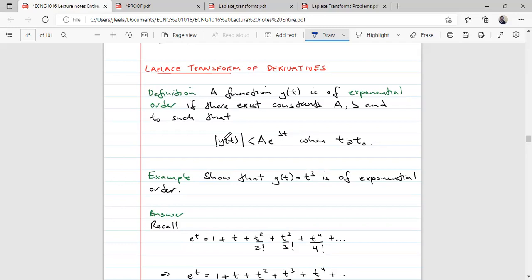So this is the definition of what you call exponential order. In the beginning, we spoke about this because in order for the Laplace to be defined, the function must be of exponential order and it must be piecewise continuous, right? Show that y(t) is equal to t cubed is of exponential order.